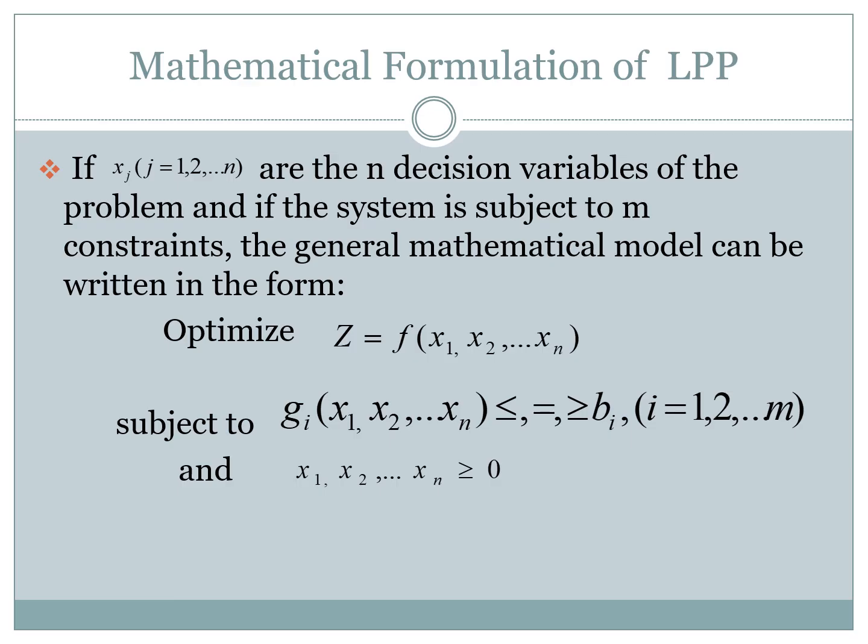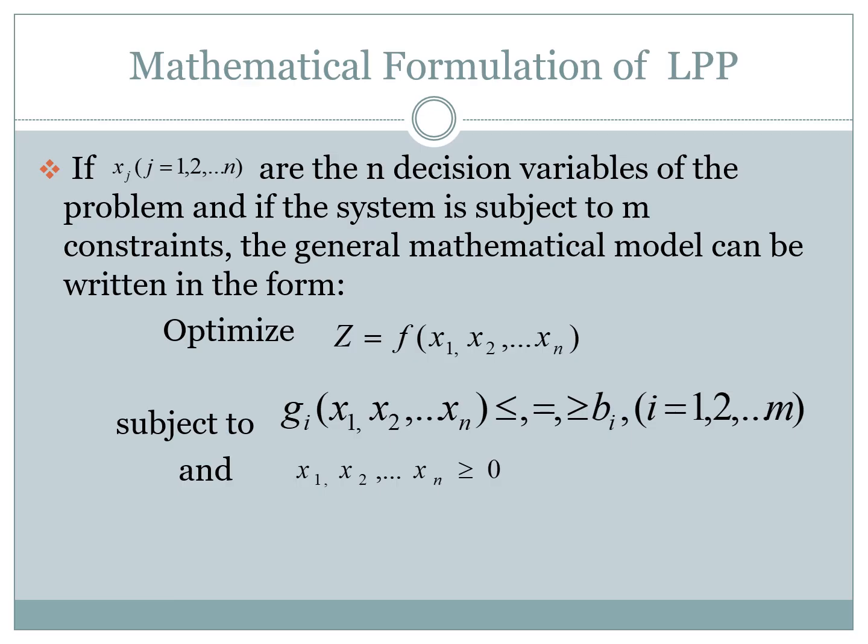If xj, where j equals 1, 2, etc. n, are the n decision variables of the problem, and if the system is subject to m constraints, the general mathematical model can be written in the following form: optimize z equals f of x1, x2, etc. xn, subject to the constraints gi of x1, x2, etc. xn, which is less than or equal to, or greater than or equal to bi.